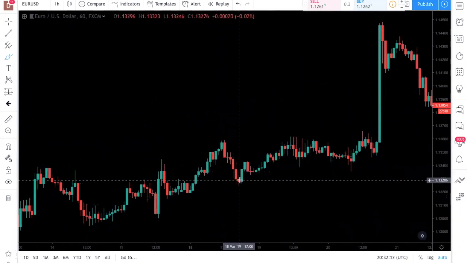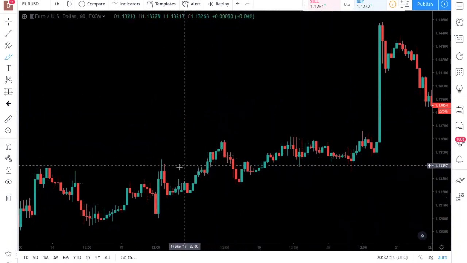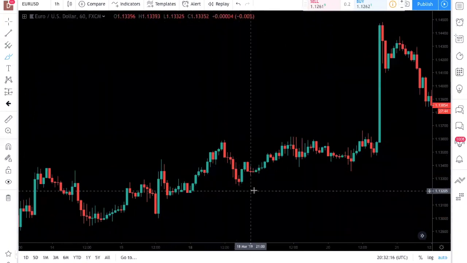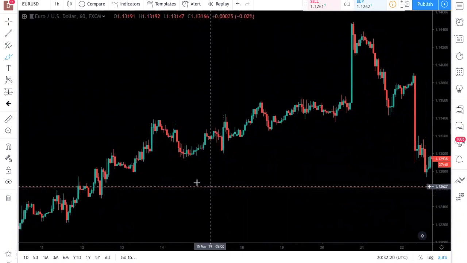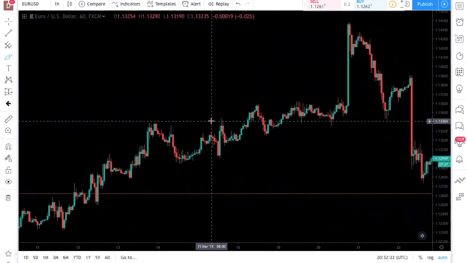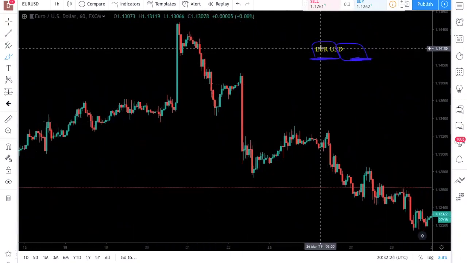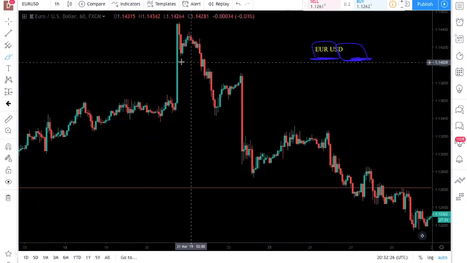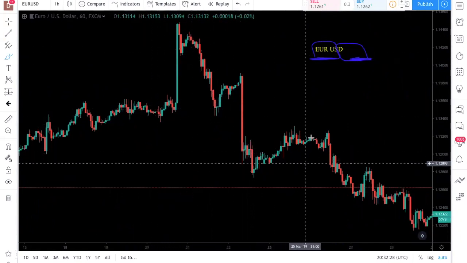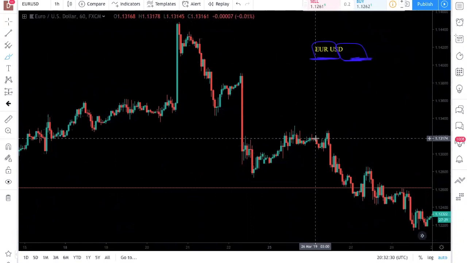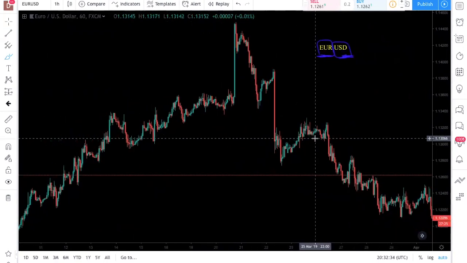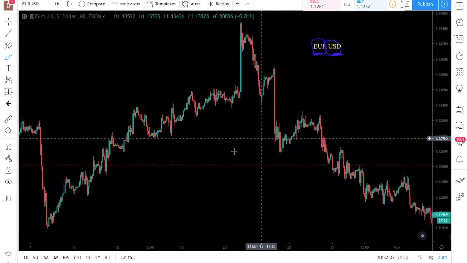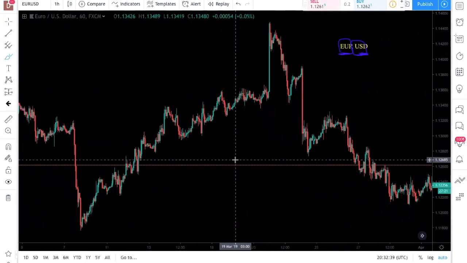And the red candlesticks on my chart represent the sellers, right? So in a sense, the buyers are trying to increase the value of the euro, and the sellers are trying to decrease the value of the euro. So when I say that, this is what I mean. And we look at various currency pairs each and every day, as I've mentioned.